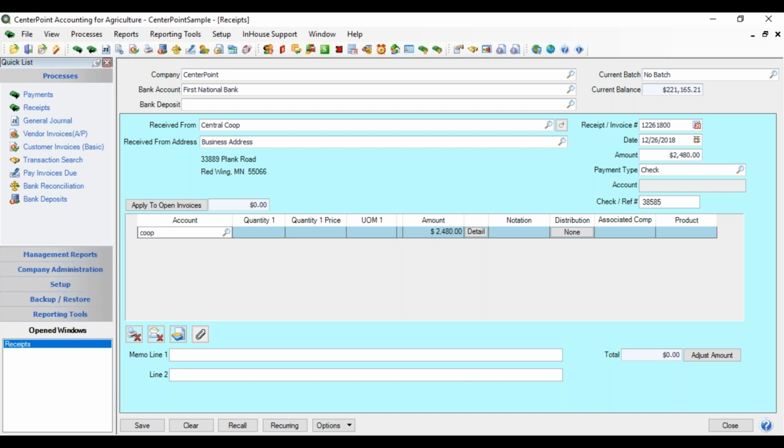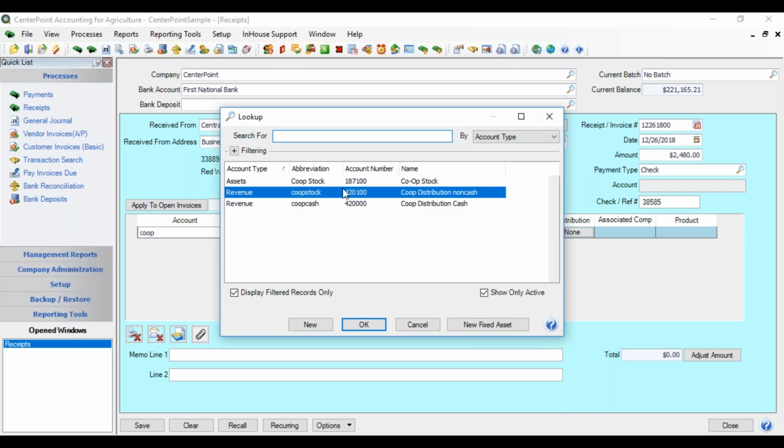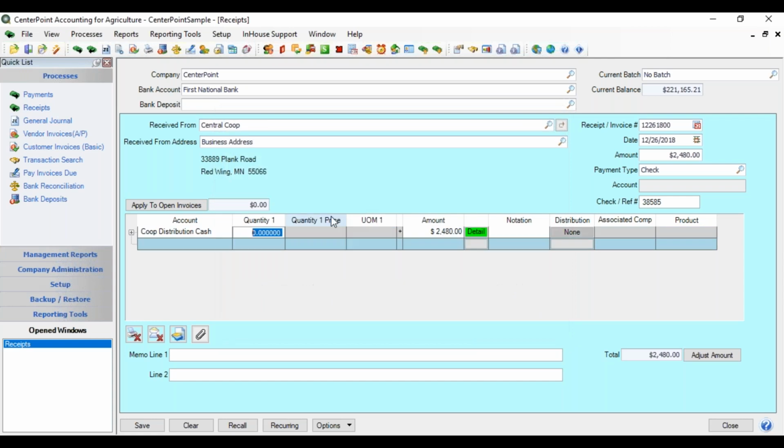So I'm going to type in co-op, and I have my different accounts here that I use for my co-op distributions, my stock asset, and my two separate accounts for identifying non-cash and cash. So I'm going to pick my co-op cash revenue account. If you only want to use one revenue account that will represent both cash and non-cash, that's fine.